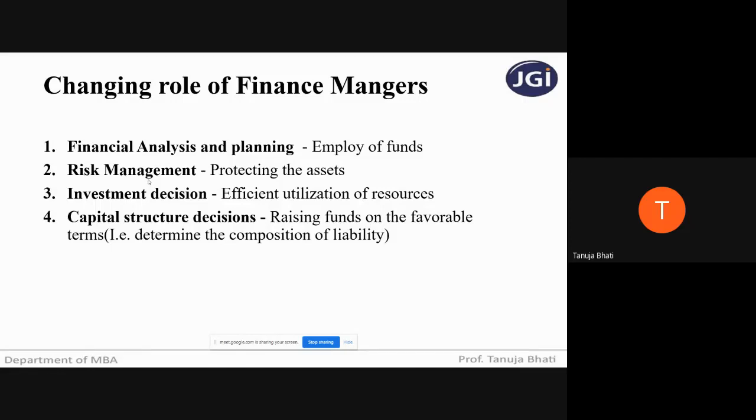The financial manager will raise the funds in such a way that all the sources through which it is going to raise will be favorable to the company or the organization. Capital usually comes on your liability side. So the composition of the liability will be in such a way that it will be favorable to the company, keeping in mind the cost related to raising that particular finance.